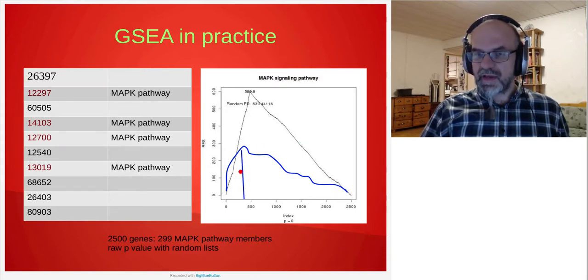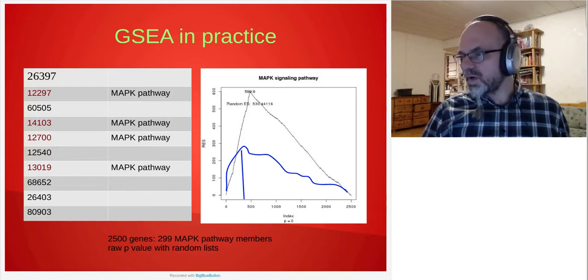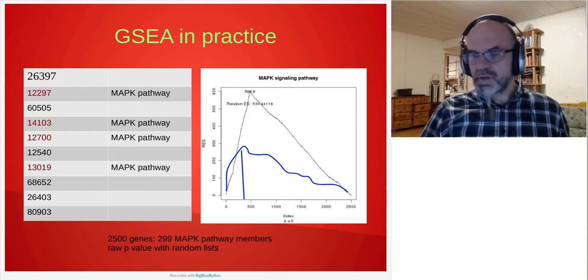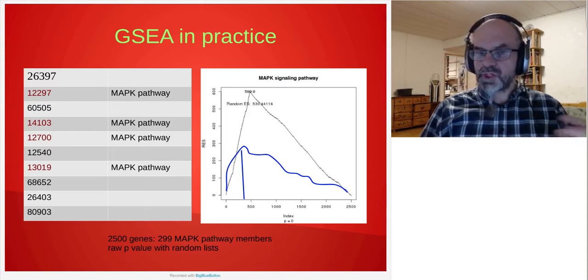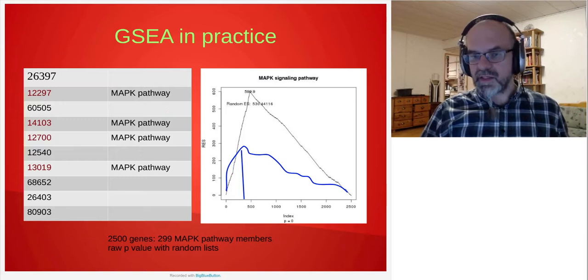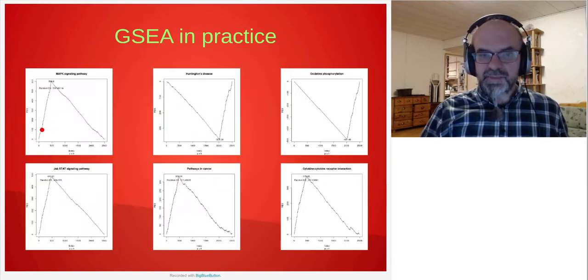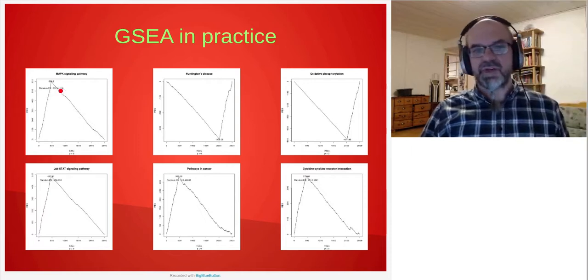from the x-axis. It can happen in two different situations. Either those terms are associated with the first part, the top of your list, then you will observe this big hill. Then the running enrichment score will have a maximum, because the top of the hill will be furthest away from the x-axis.